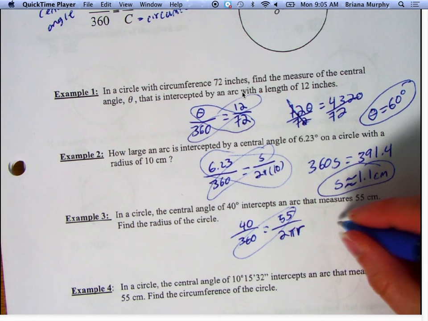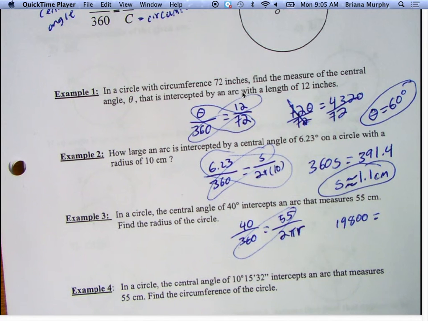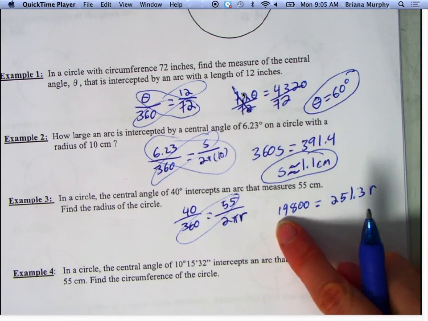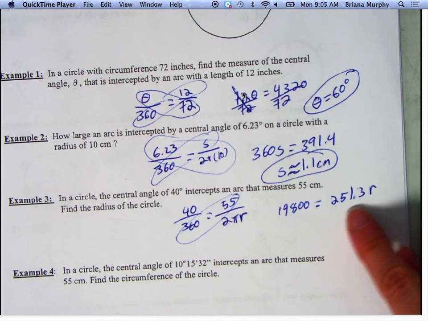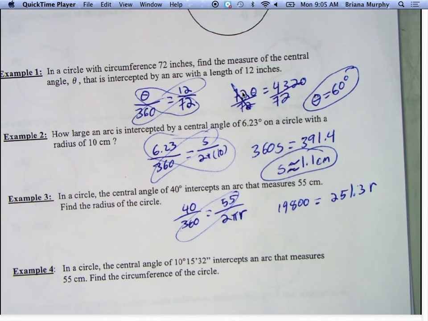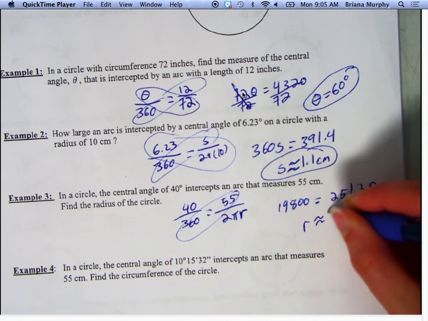I get 19,800 equals 40 times 2 times pi times r, which gives me 251.3 approximately r. 19,800 equals 251.3 r. Then I'm going to do 19,800 divided by 251.3, and I get r is approximately 78.8.